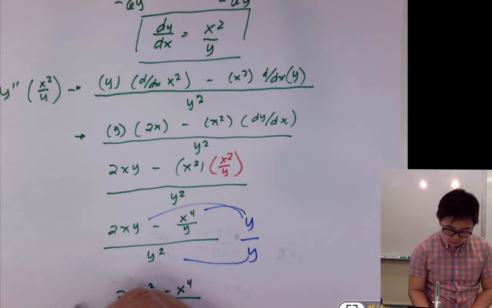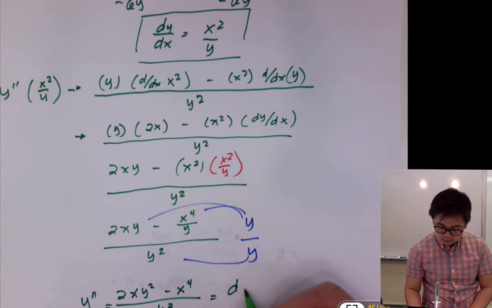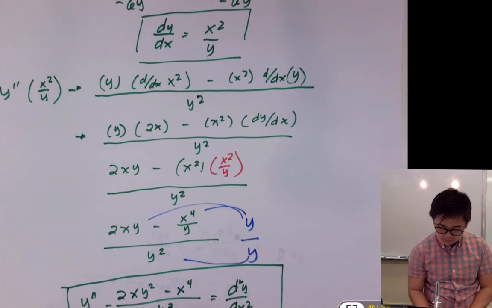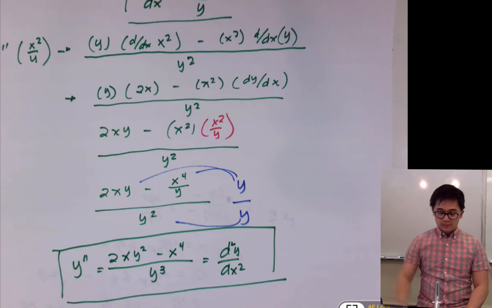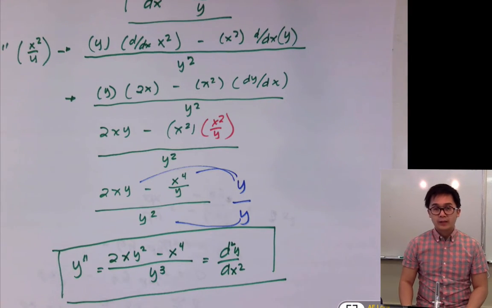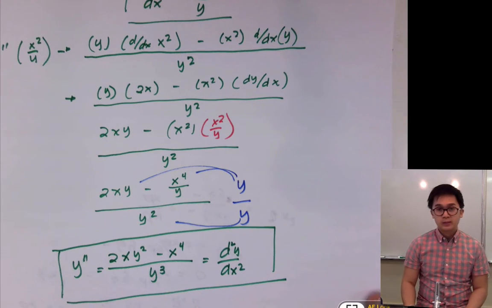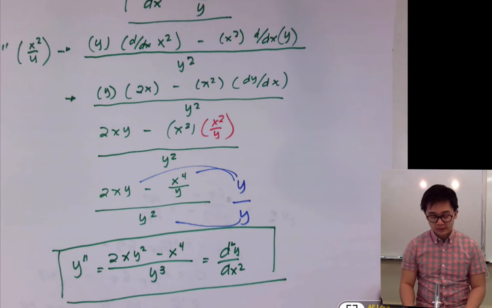And this is now our second derivative, which can also be written as this. And that is how we find the second derivative using implicit differentiation of higher order derivatives.